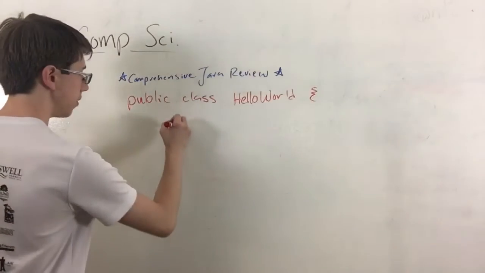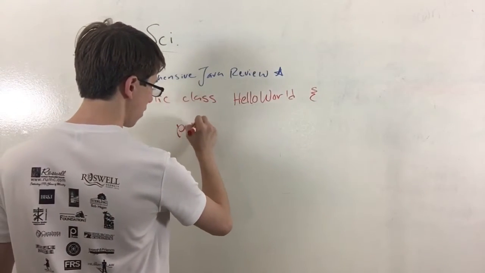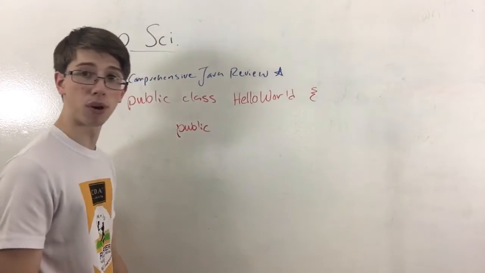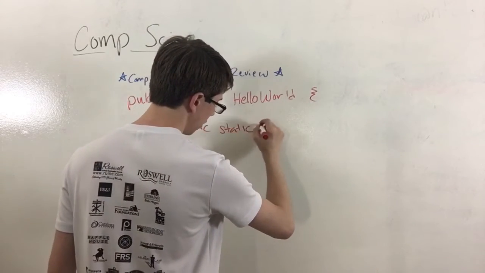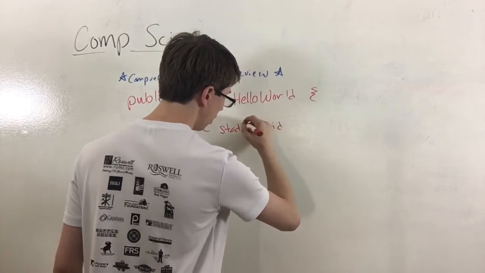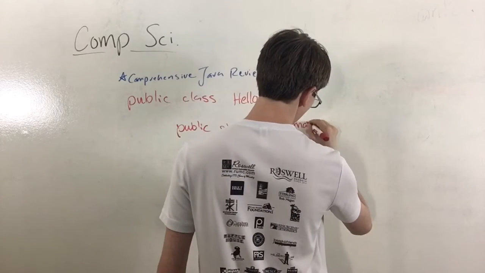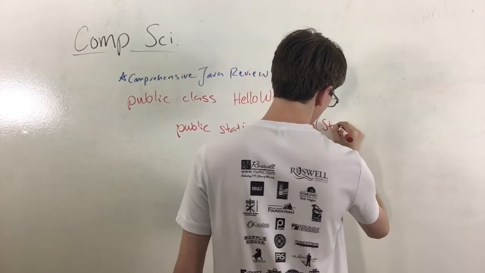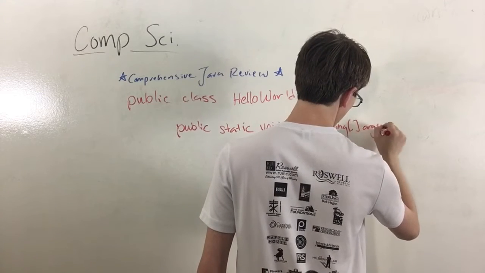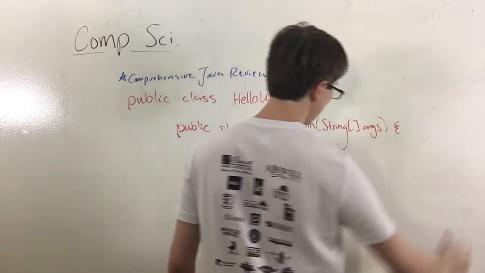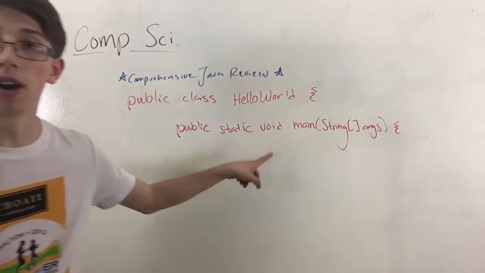Okay? And so now we're going to write our main method. Remember this, this is very important. Memorize this: public static void main, and then String, hard brackets, args. That is our main method.